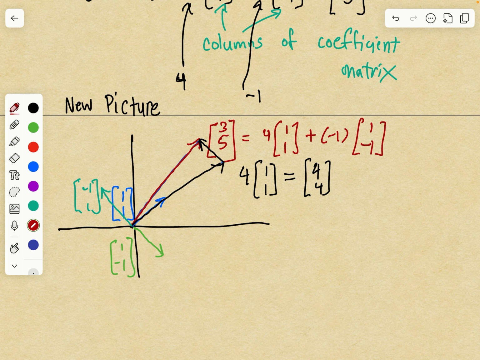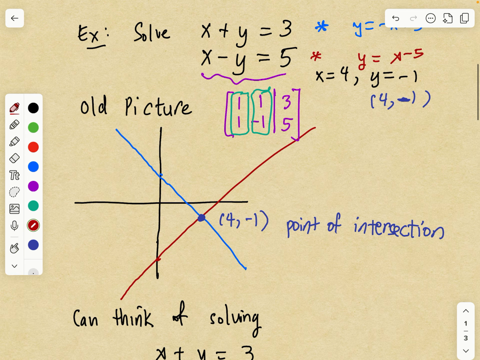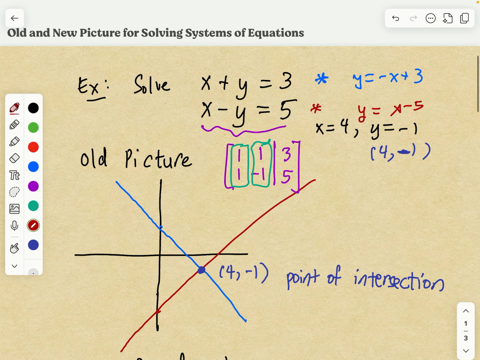So this is the new picture of a system of equations. The columns now play the role. That's one of the benefits of rewriting the system using matrices. It's not just a shorthand, where you don't have to write down the variables.